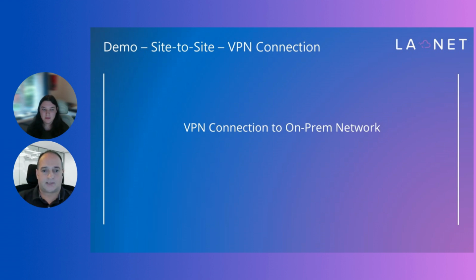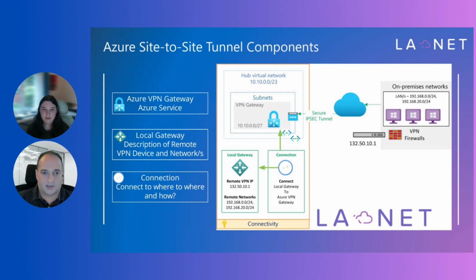It'd be good to just have a quick look. So now we've got all this set up. We've got our site-to-site tunnel in place. We understand the objects. If we look back, this is kind of the scenario that Adam took us through. We've got the VPN gateway, the local gateway, and the connection and the IPsec tunnel set up to go across the internet using that secure encrypted channel. We've done a test to go across.